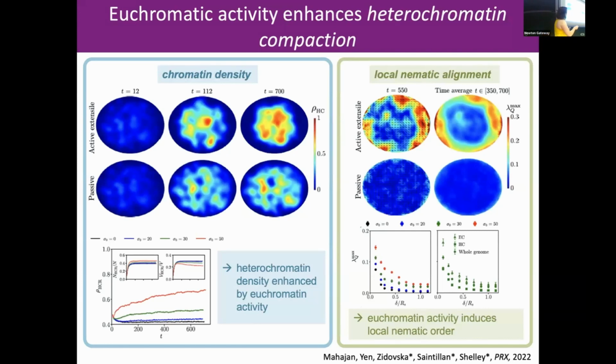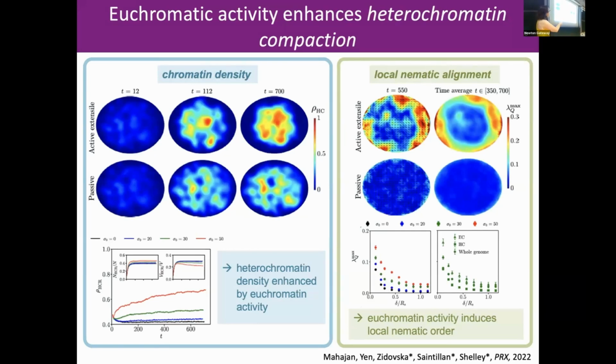Another thing that you can look at, we were very interested in the alignment of the fiber. Will we find any order across the nucleus for the fiber? So we have been measuring the local nematic alignment, and you see in the passive system there is no alignment whatsoever.